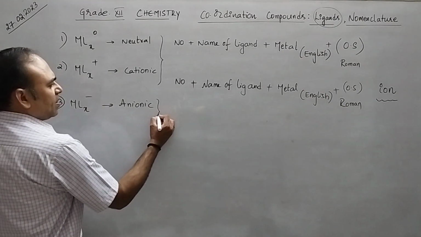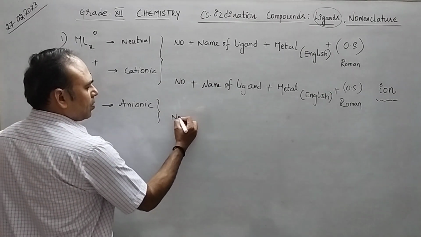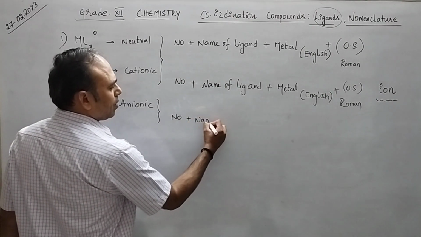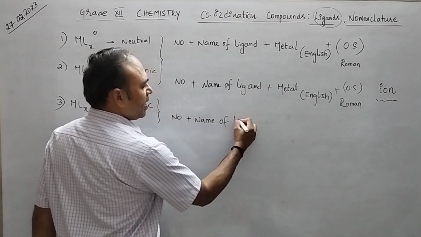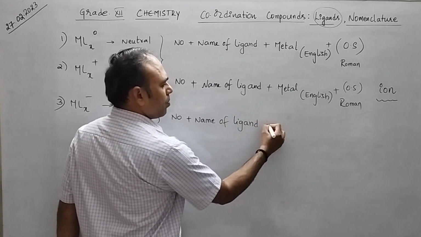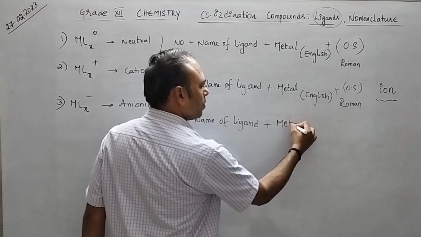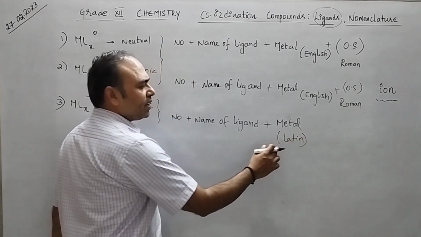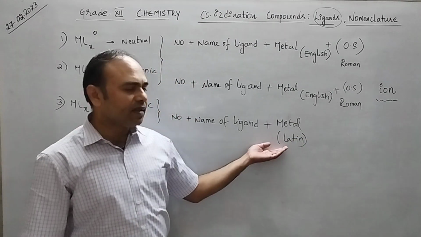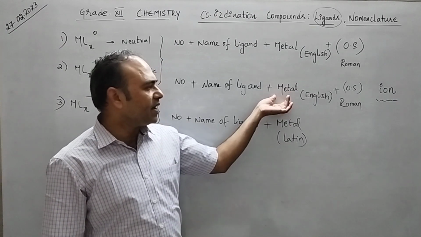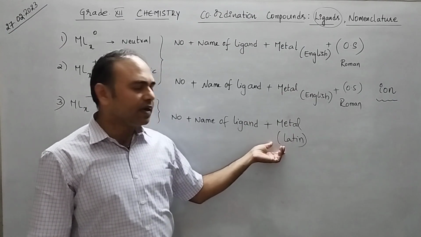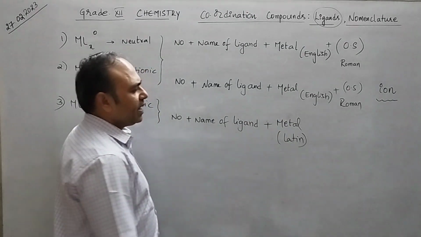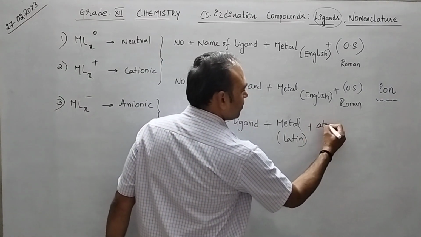Now for the third one, that is anionic complex, number plus name of ligand, then comes metal, but here we will take the Latin form. We are not taking the English form, we are taking Latin. For example, if you take Fe, here you will write it as iron, and here you will be writing as ferrum plus ate, metal plus ate.